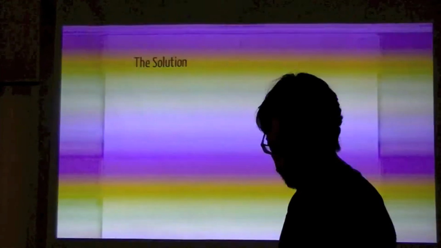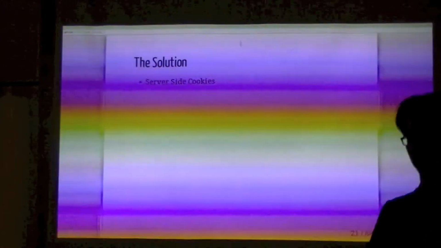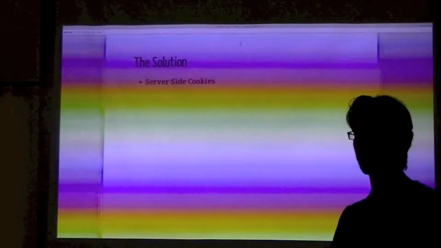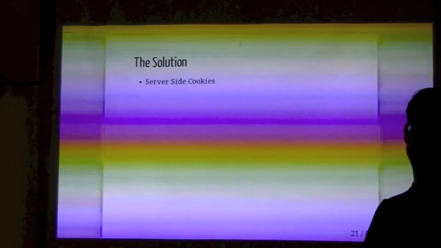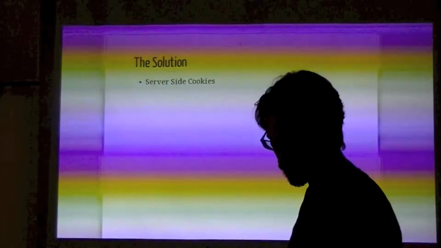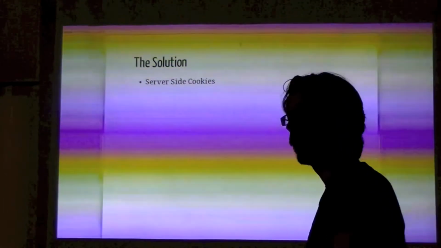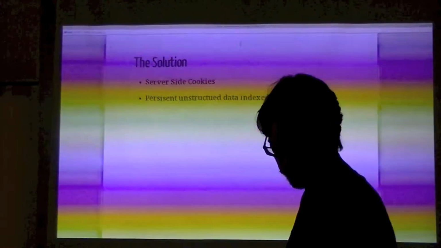So what we decided to build is server-side cookies, which is the same kind of unschemaed, compressed data that we can store, but it's persistent. We don't have the same limitations as with memcache when things would go away. So it's persistent data.